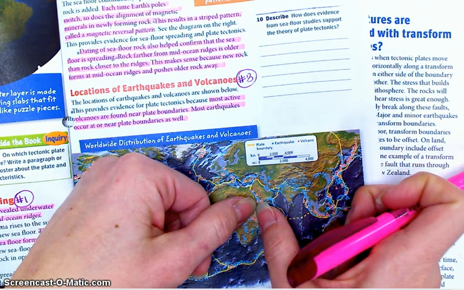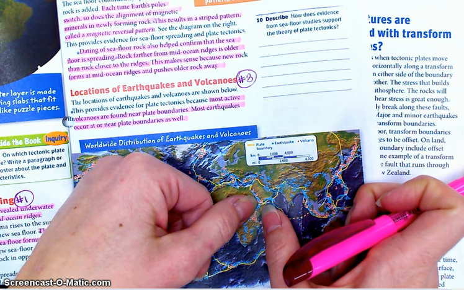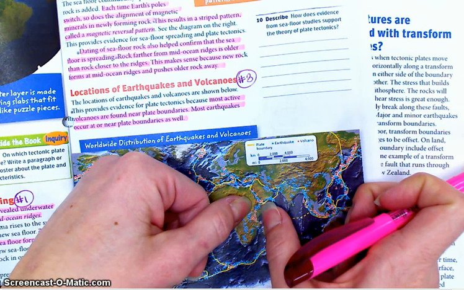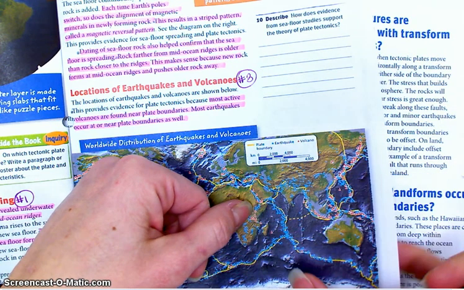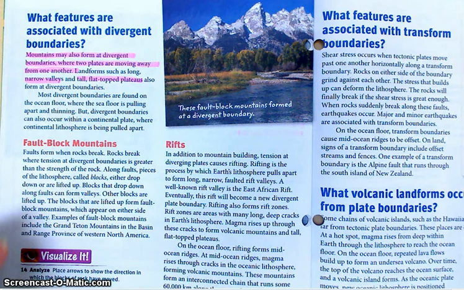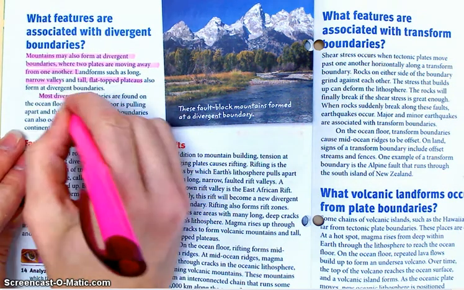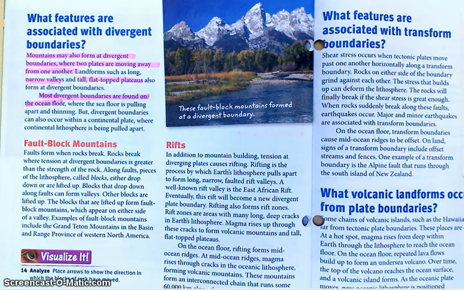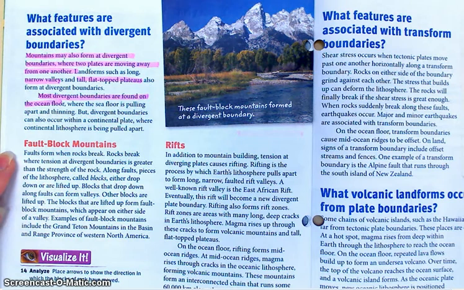I mean, we're talking about millions of years, but there is a rift valley running through Africa because there's a divergent boundary within that continent. So most divergent boundaries are found on the ocean floor, but some are found on continental lithosphere also. All right. Well, what type of mountains do we get at divergent boundaries?